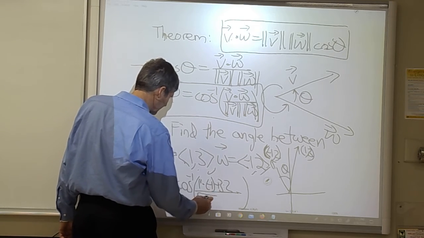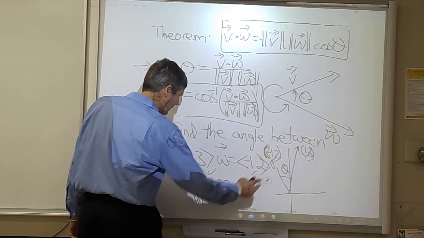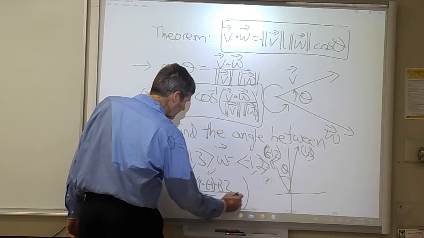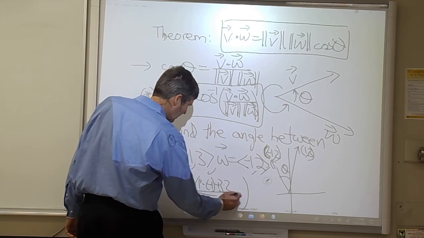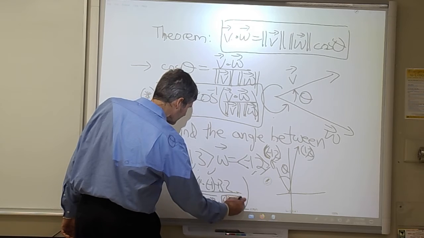So the length of this one is the square root of 1 squared plus 3 squared, and the length of this one is the square root of (-1) squared plus 2 squared.